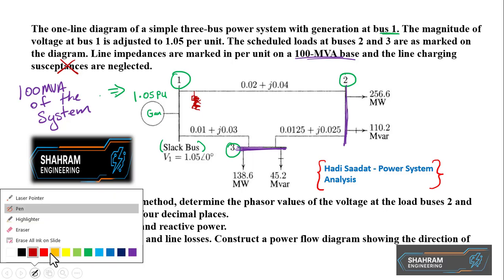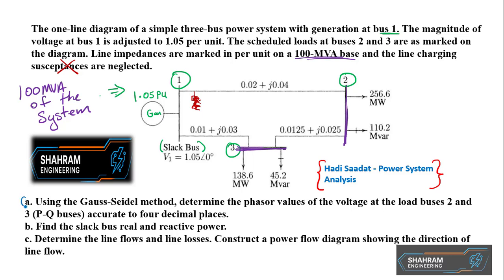The author here is asking, we have A, B and C. For A, it says using Gauss-Seidel method, determine the phasor values of the voltage at the load buses 2 and 3, accurate to 4 decimal places.